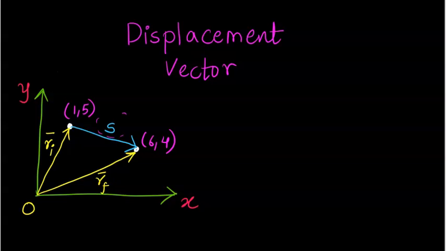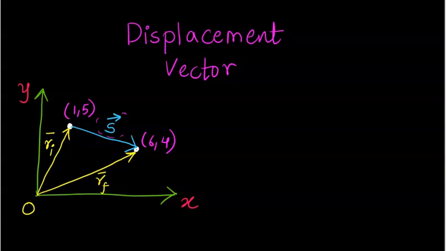Don't scale it accurately because the scales do not matter much over here. What is the displacement vector? Now what is the displacement vector S bar? This is S bar, by the way.